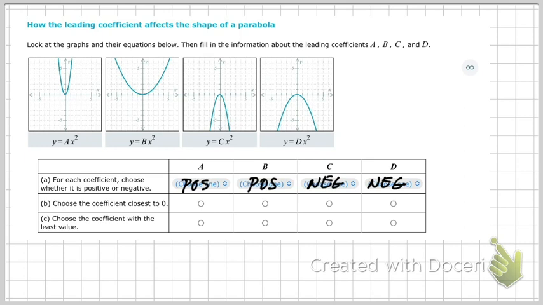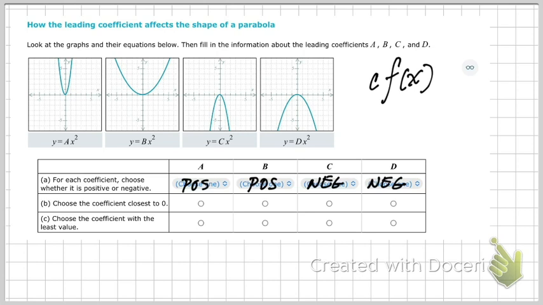And then the next question here is choose the coefficient that is closest to 0. Well, all of these are of this form. They're all a transformation of x squared of this form, c f of x. So the one that is closest to 0 is the one that is going to be the smallest, or it's the one that's going to shrink the function down the most.